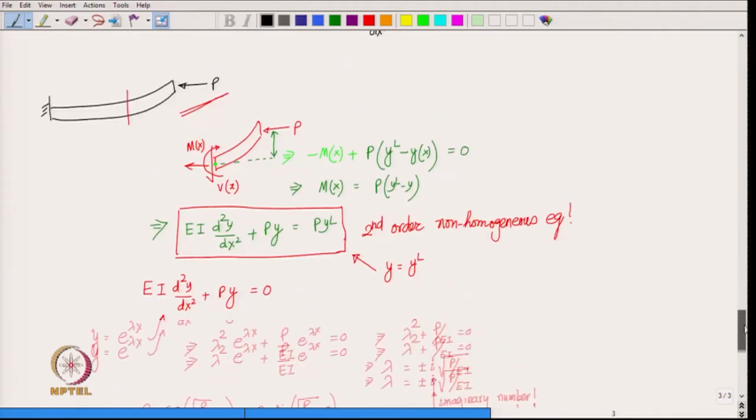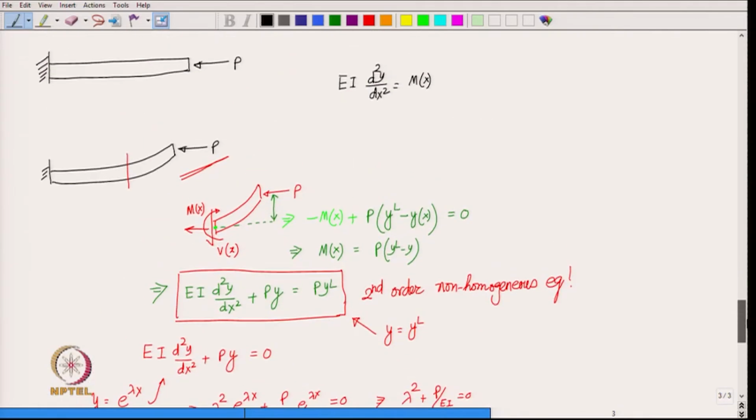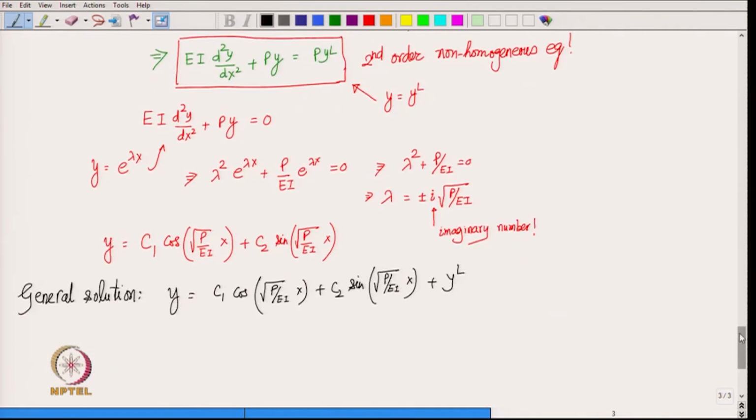So, in this case it is clamped at x equal to 0. So, our boundary condition is y of 0 equal to 0 and theta of 0, which is equal to dy by dx, because we are using Euler-Bernoulli theory. So, that is also equal to 0, correct. So, let us plug in these boundary conditions and see what we get.